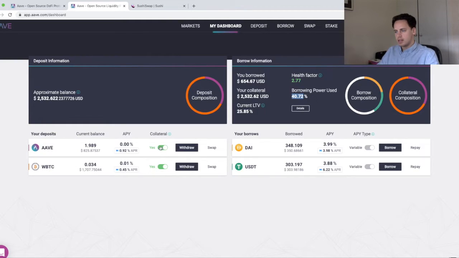So yes, we can use both of those assets as collateral, and not all assets that you can deposit into Aave can be used as collateral. So for example, you can't actually use USDT as collateral, but you can supply it and you can earn an APY from the borrowing market, but you can't leverage that USDT to take out a bigger debt position.